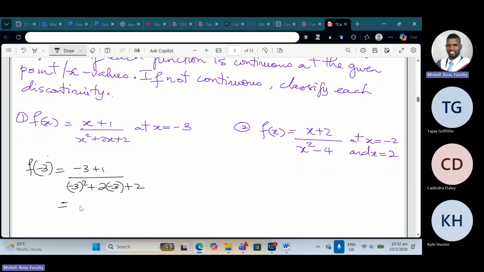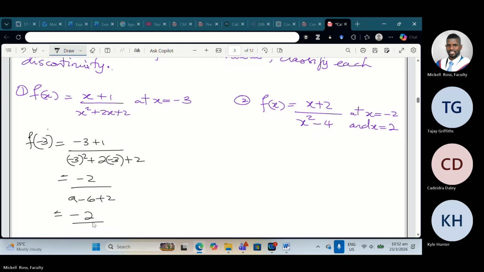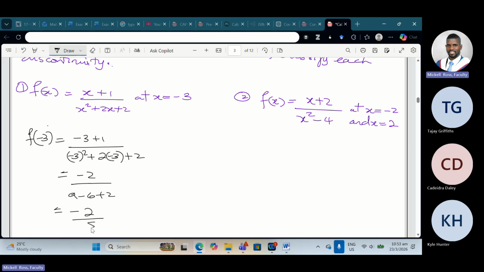So this is going to give us -2 over 9 minus 6 plus 2, so -2 all divided by 5. So f of -3 is equal to -2/5.